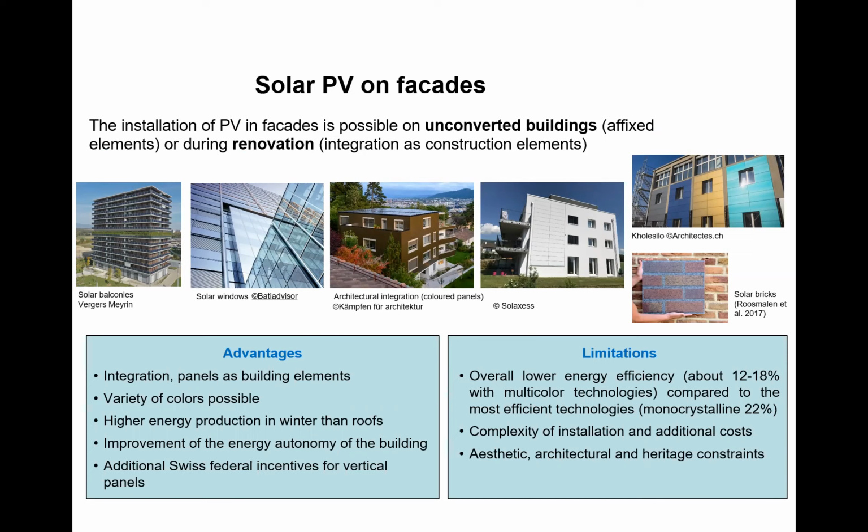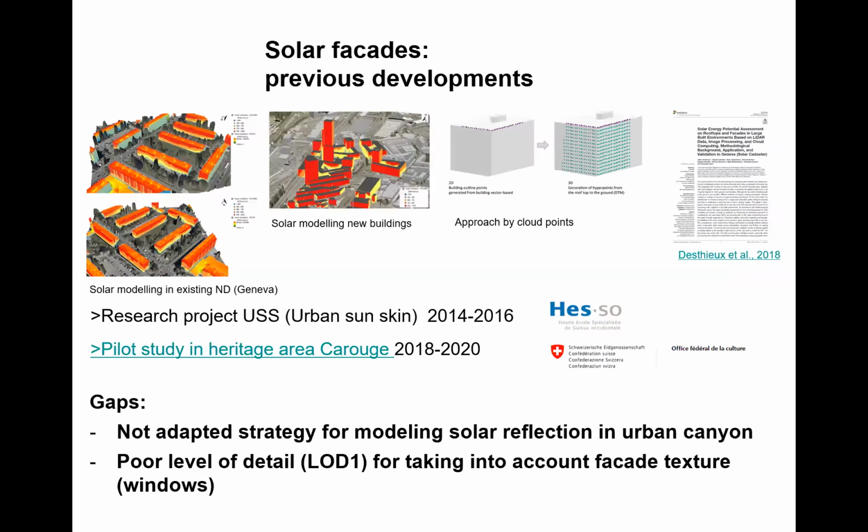The main limitation is the lower efficiency compared to panels used on roofs, and of course the cost and complexity of installing solar panels on facades of existing buildings. But globally, it is really gaining importance.